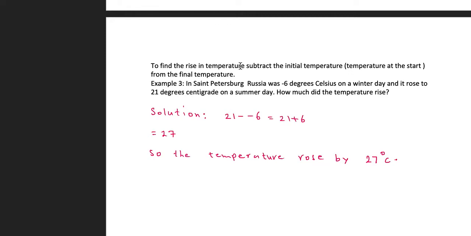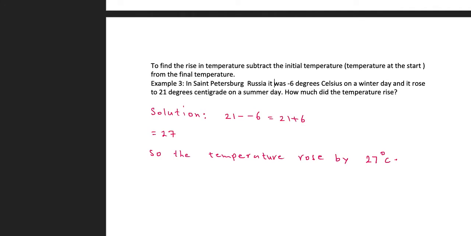To find the rise in temperature, we subtract the initial temperature, which is the temperature at the start, from the final temperature, which is the temperature at the end. As example 3, in St. Petersburg, Russia, it was -6 degrees Celsius on a winter day, and it rose to 21 degrees Celsius on a summer day.